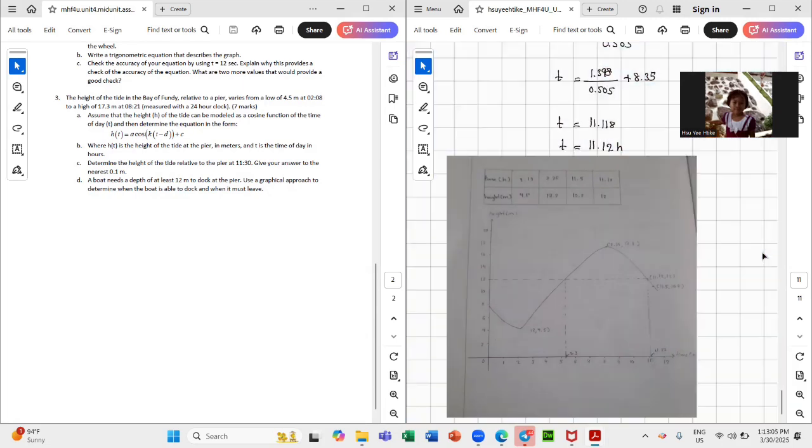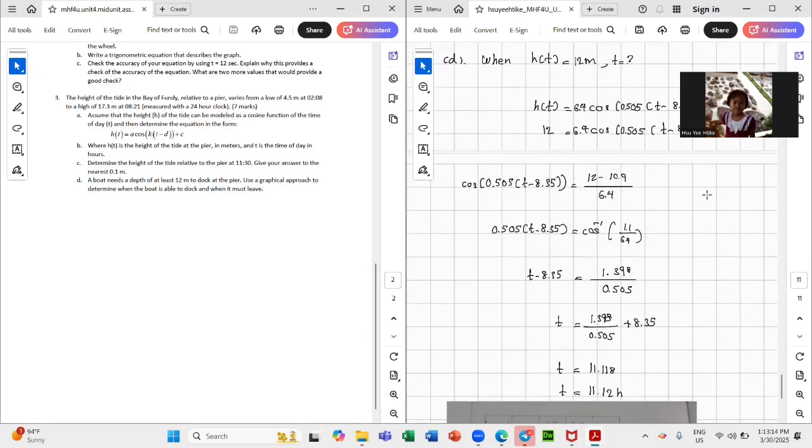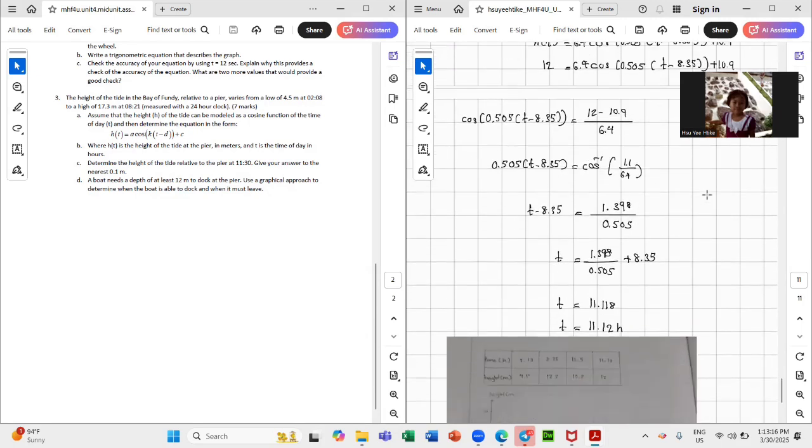So the time when the depth is 12 meters is equal to 11.12 hours.